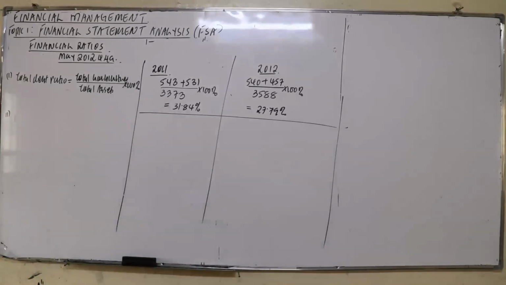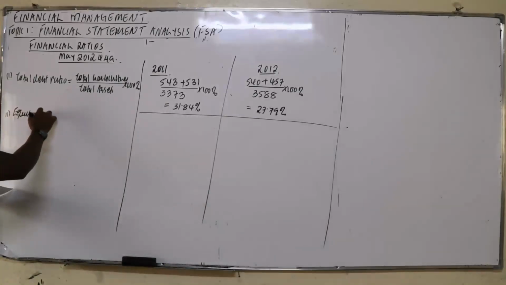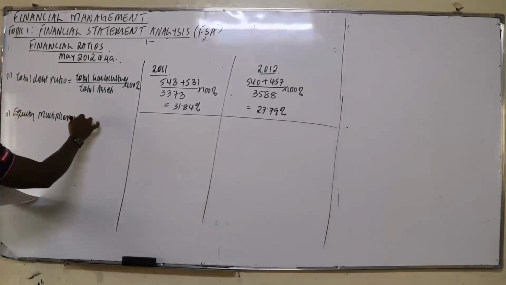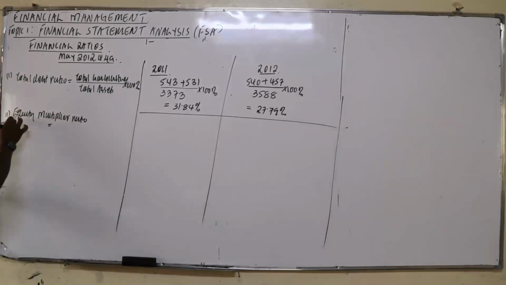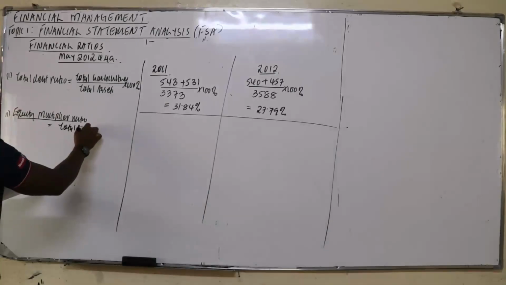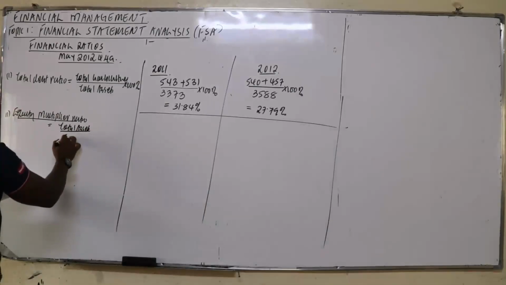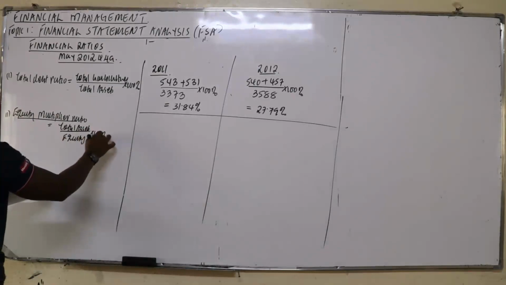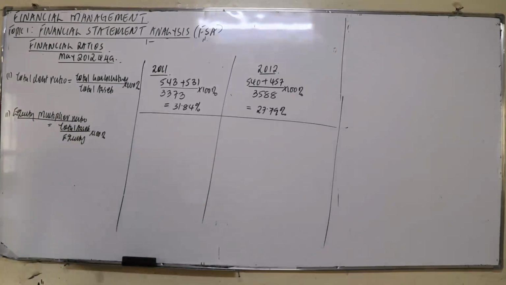And number two of the question, the equity multiplier ratio. So how do we get the equity multiplier ratio? To get it, you take the total assets, you divide by the equity times 100%. And we already have the total assets.